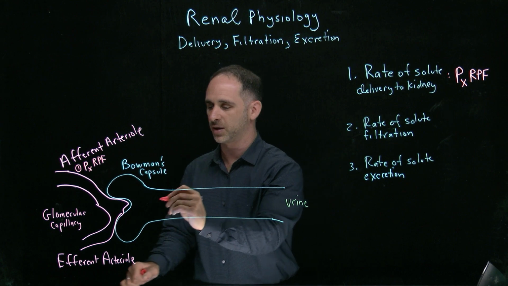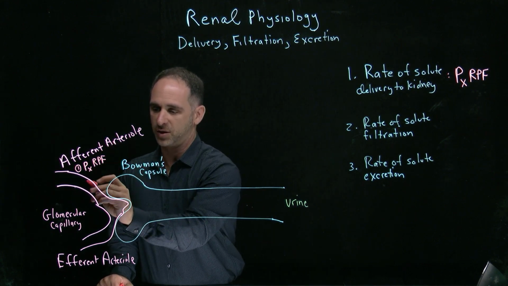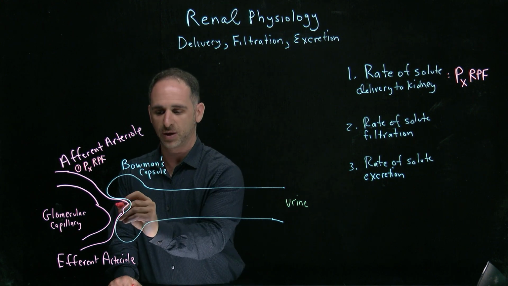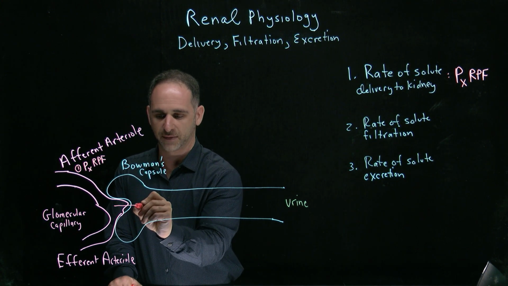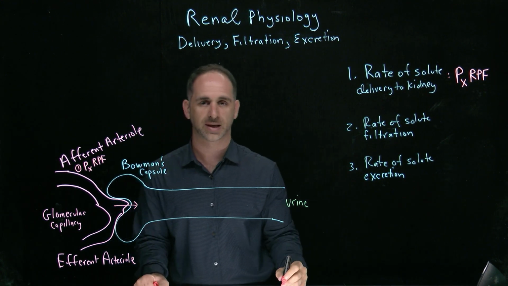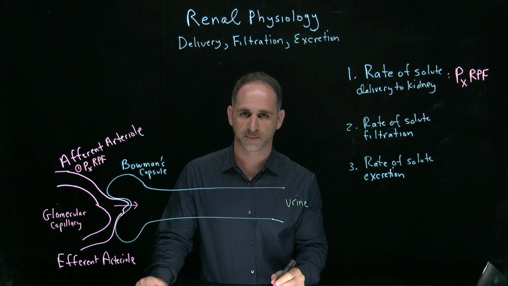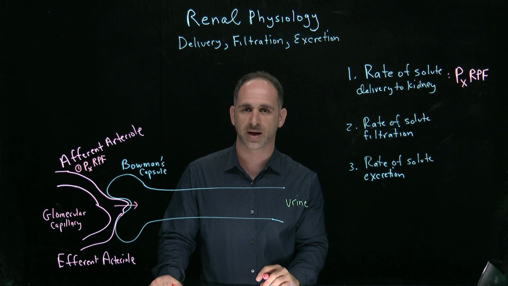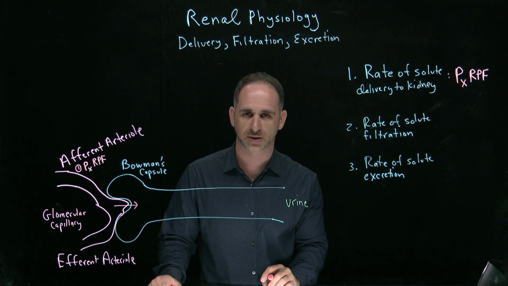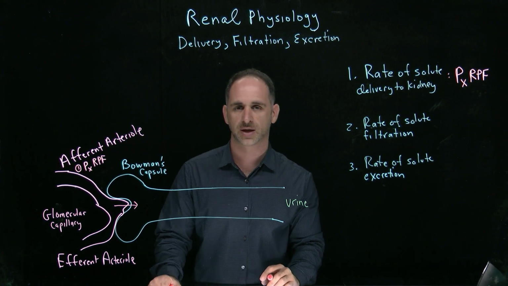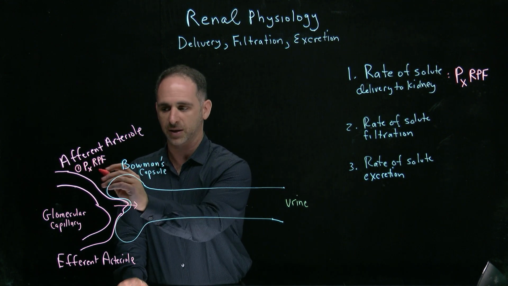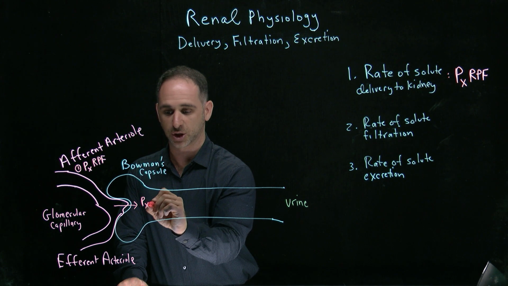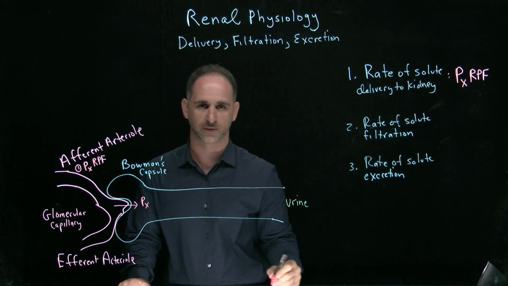So we go over here and we go, well, this is the afferent arteriole. We have the glomerular capillaries where our filtration occurs. And we know that we're going to have this solute get across. That process is called filtration. And assuming in this case that none of the solute X is bound to plasma protein, it's 100% free to cross, we would then be considering the concentration of X in the plasma, which should be the same that we had over there.